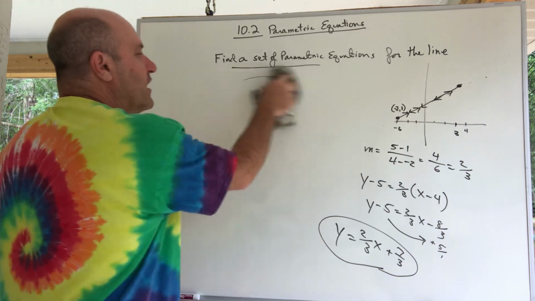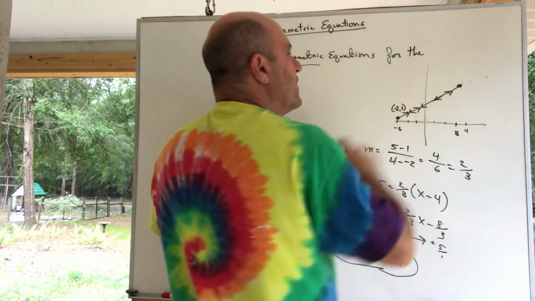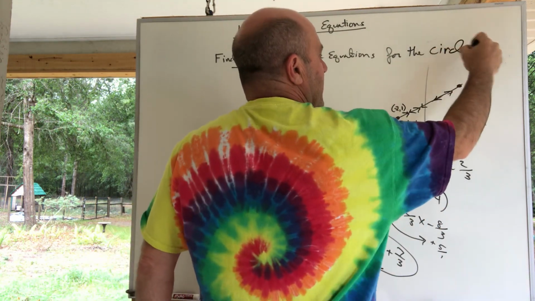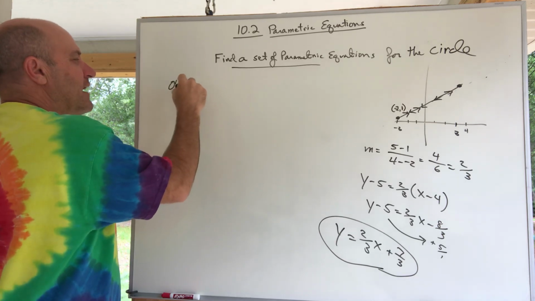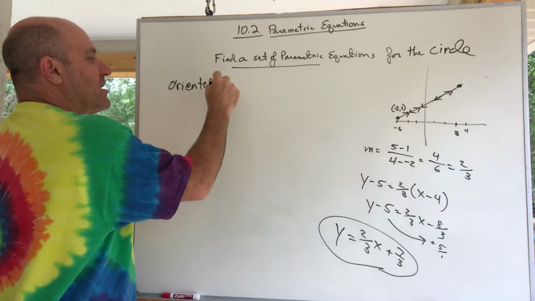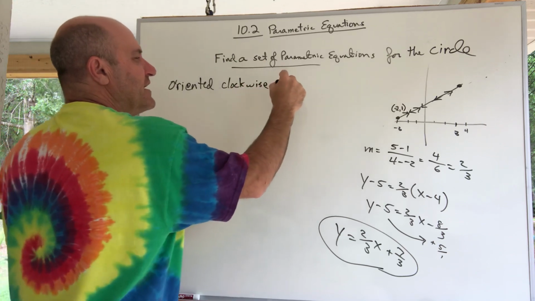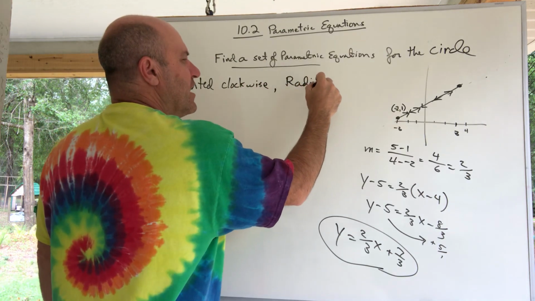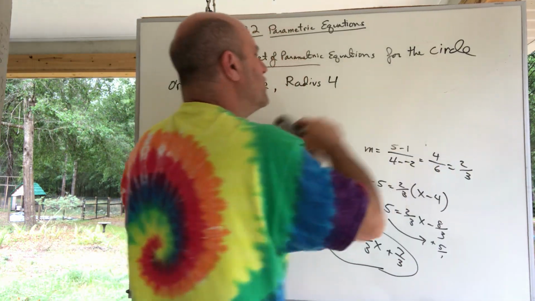Let's do another one. What if I want to find a set of parametric equations for a circle? And we'll say the circle is oriented clockwise. And we'll also say it's got a radius of 4. We're also going to say it's centered at the origin.